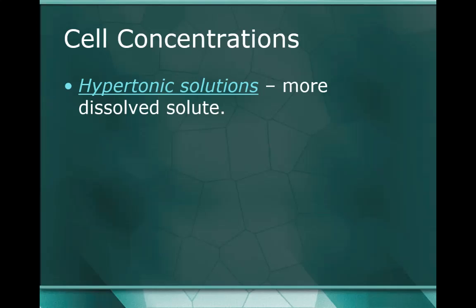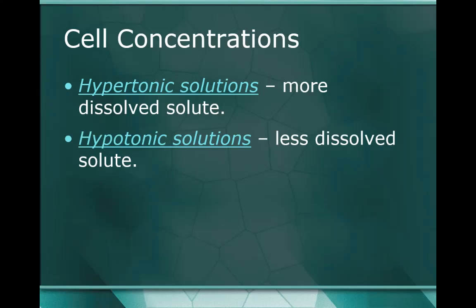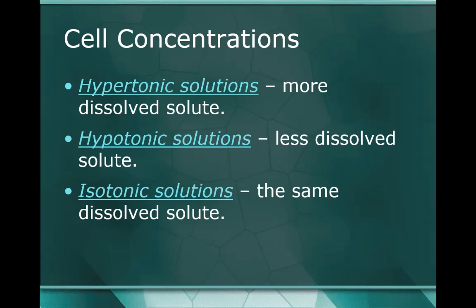If hyper is more, hypo must mean less dissolved solute. And then we have isotonic. What about iso? If you remember your geometry, think about isosceles triangles. Iso means the same dissolved solute. If you're not remembering these terms, make sure we get them under our belts.